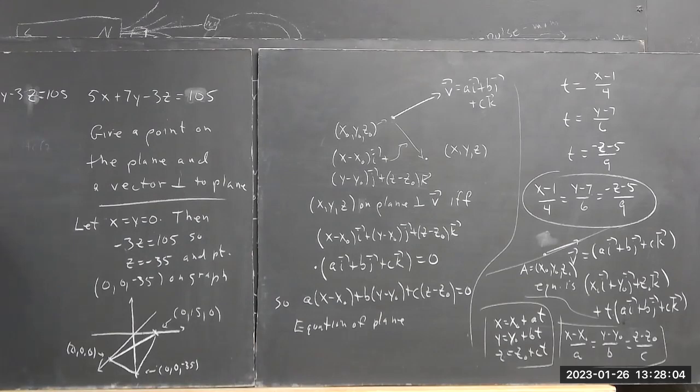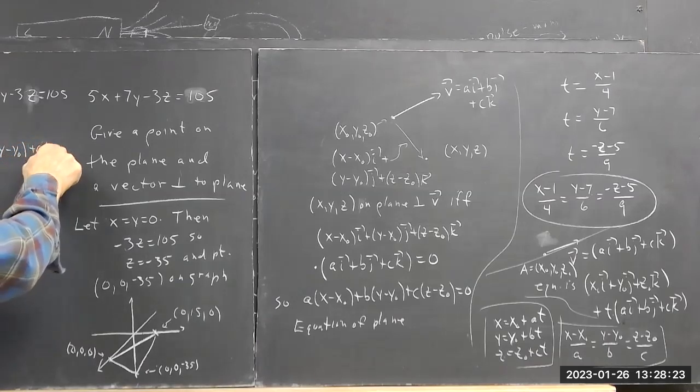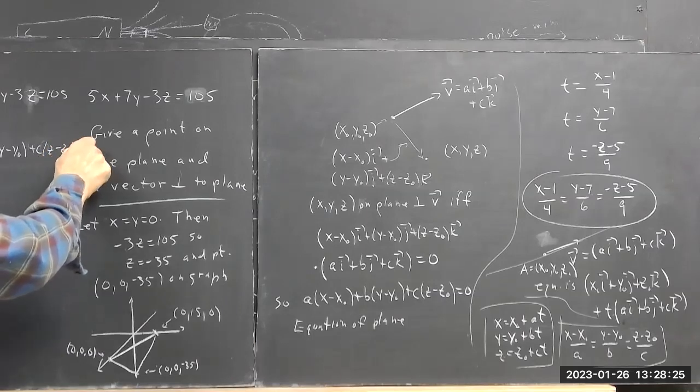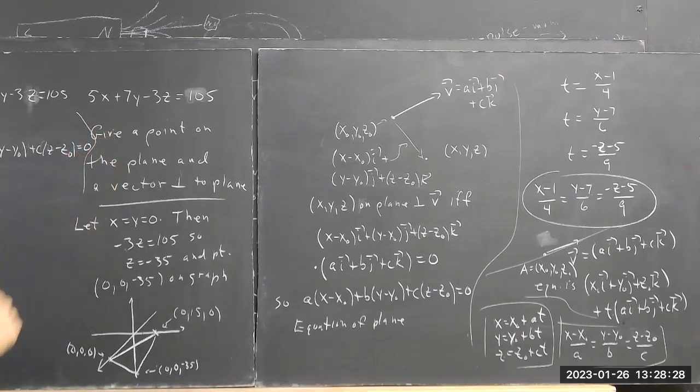Apologies. The form has to be A times (X minus X naught) plus B times (Y minus Y naught) plus C times (Z minus Z naught) equals 0. Okay.